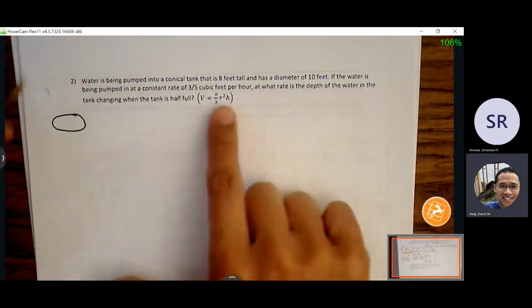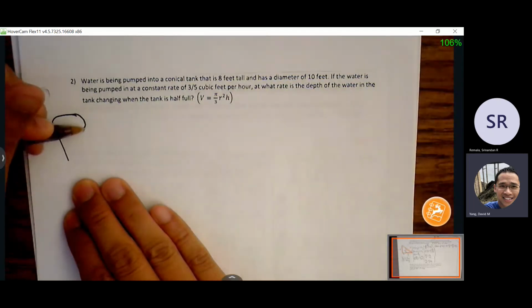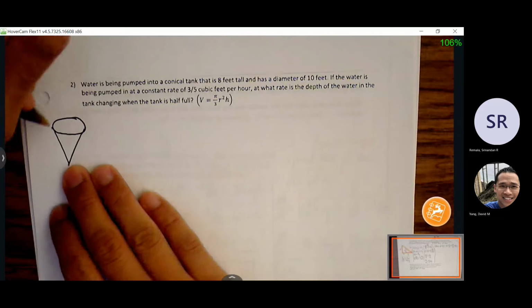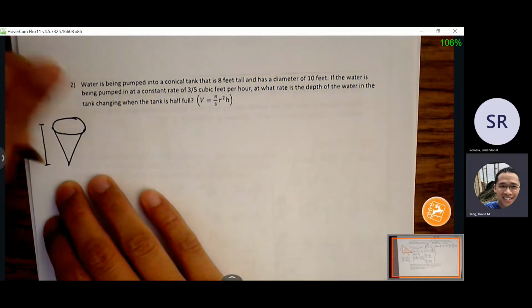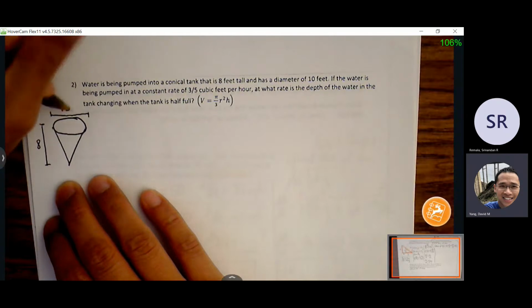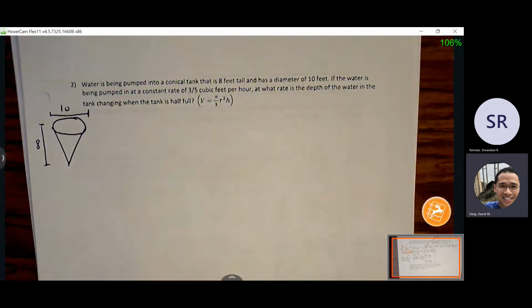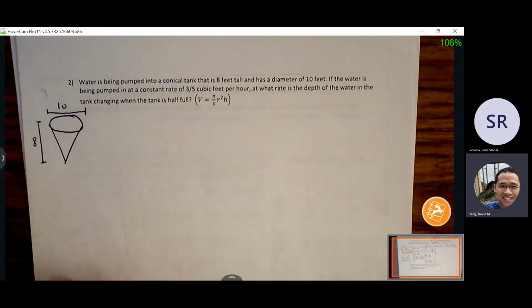Okay, water's pumped into a conical tank, 8 feet tall, diameter of 10 feet. The water is being pumped at a constant rate of 3/5 cubic feet per hour. At what rate is the depth of water in the tank changing when the tank is half full?